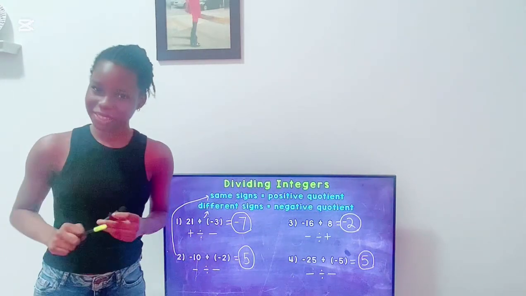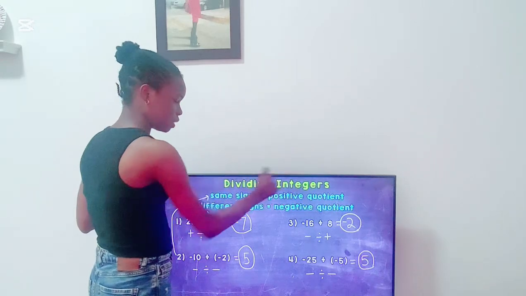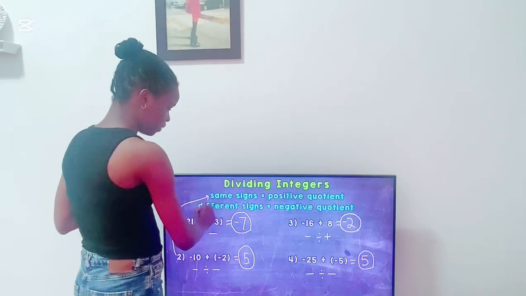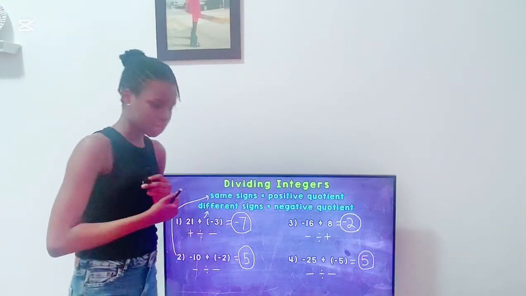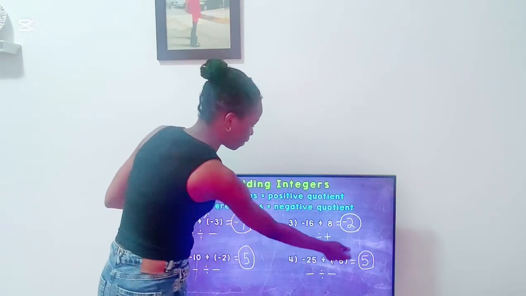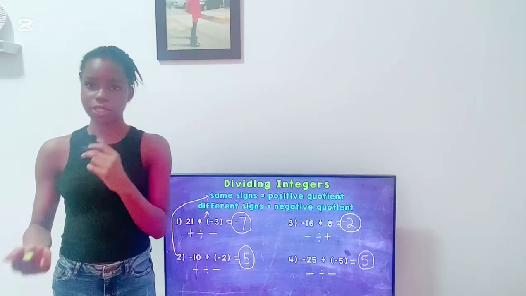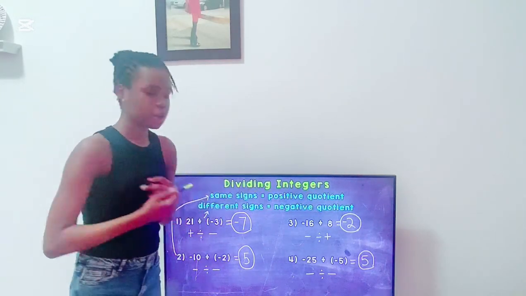You're going to say, teacher, I know, I can explain. Same sign equals a positive result. Different sign equals a negative result. Right now we have a negative 25 divided by a negative 5, which means we have the same sign, which is going to equal a positive result.